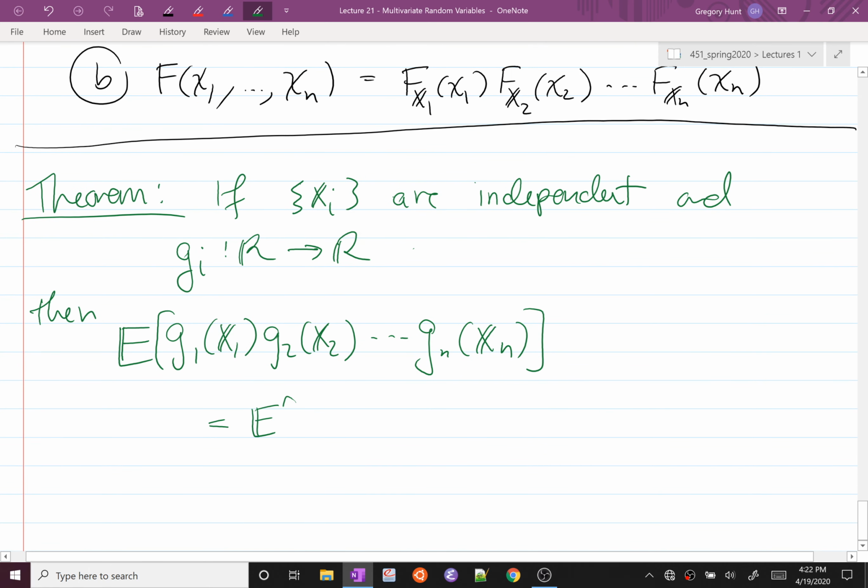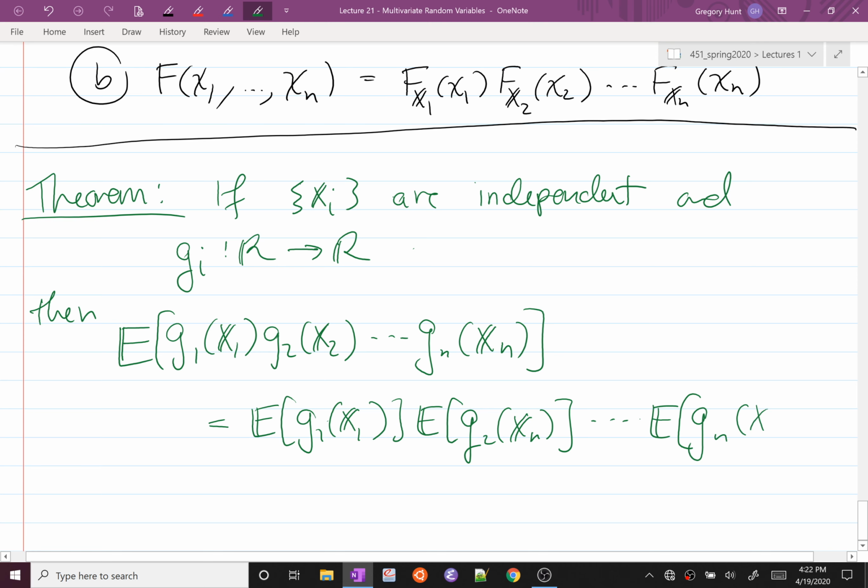We can distribute the expected value over the product if they're mutually independent. We saw we could do that in the bivariate case, and a generalization holds in the multivariate case, where if they're independent, I can write the expected value of the product as the product of the expected values.